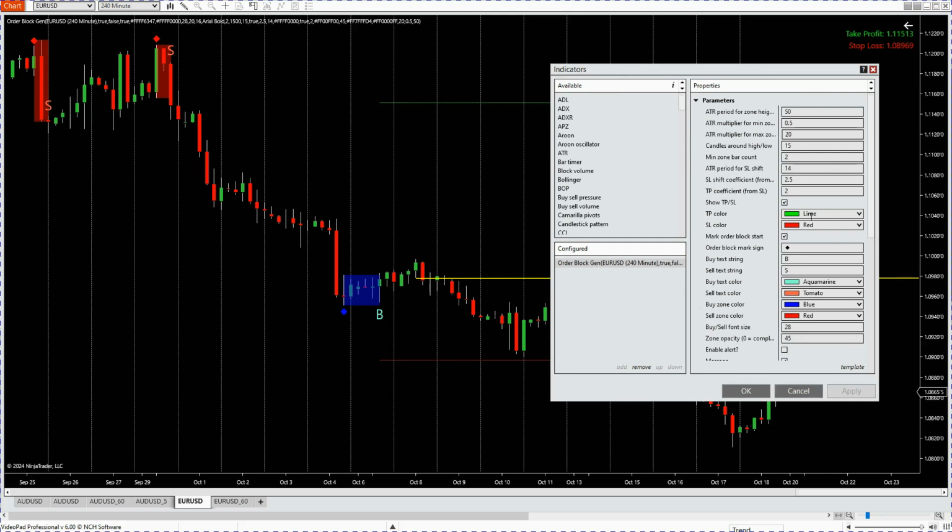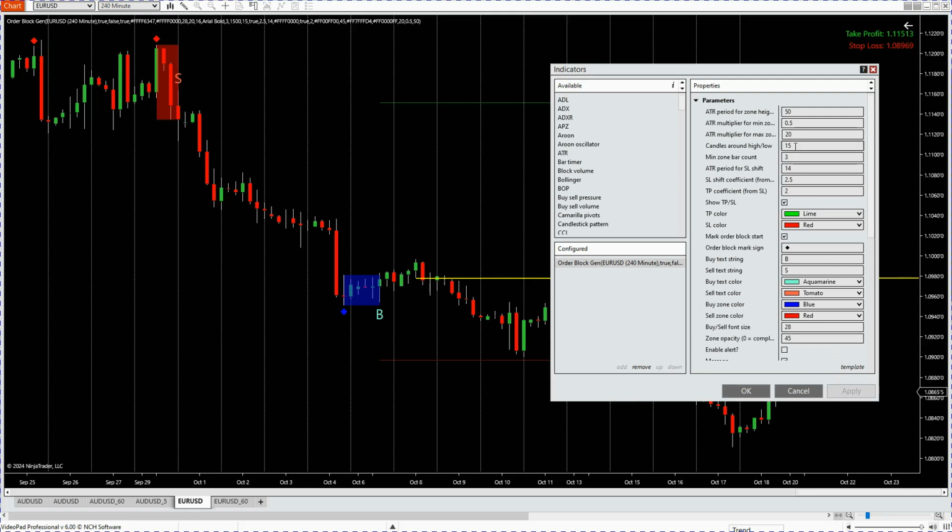What the other one does, minimum zone bar count, is it increases or decreases the number of bars inside the zone. Right now it's set at 2. If I put a 3 there and increase that, now you have 3.